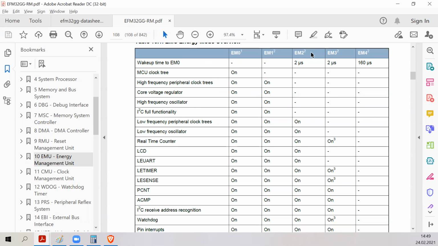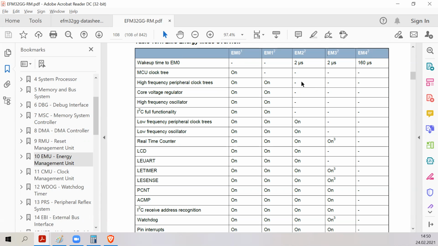And before entering this mode, you need to make sure that all of them have completed their tasks. You cannot, for example, send data over UART to computer and then suddenly go to energy mode 2, because then the data will not be transmitted. It will be just abruptly paused.